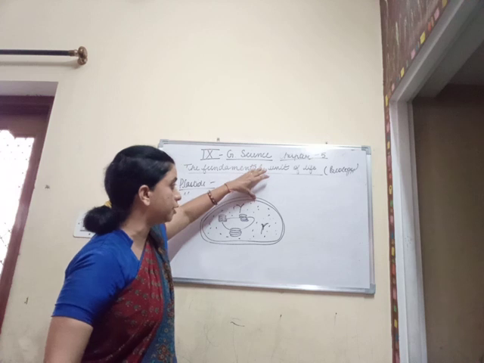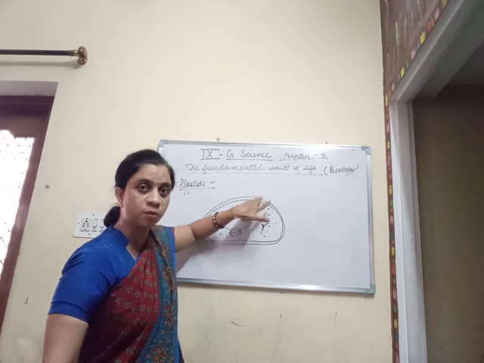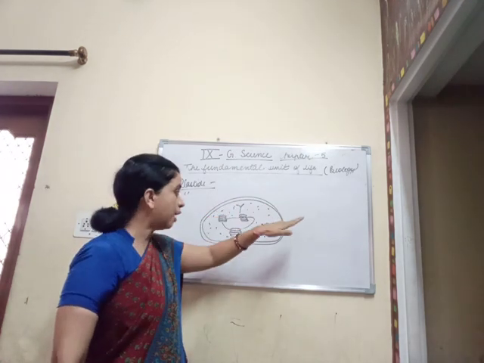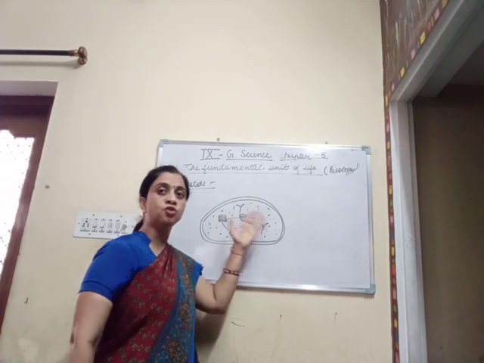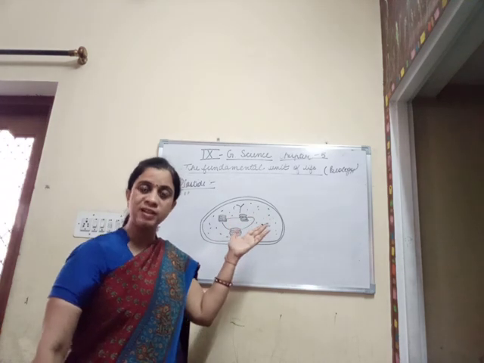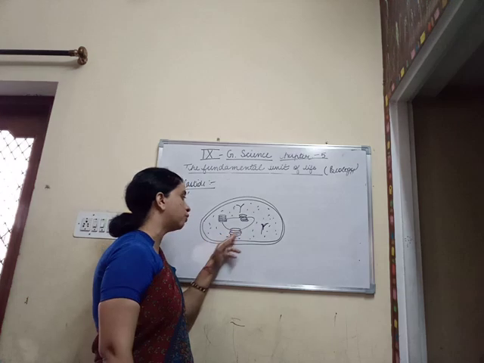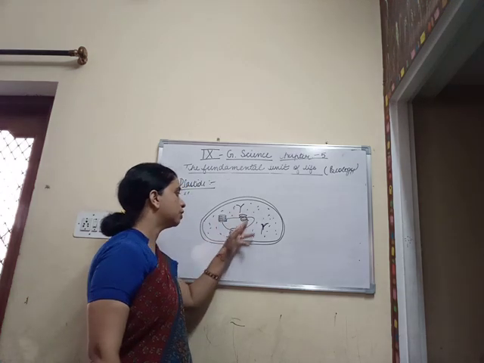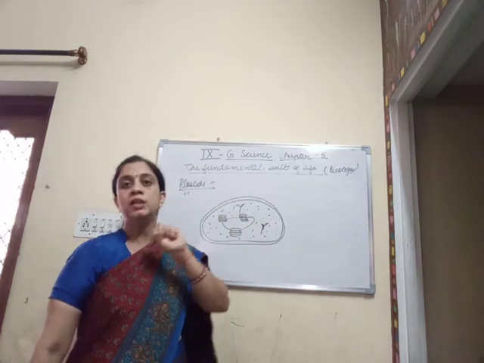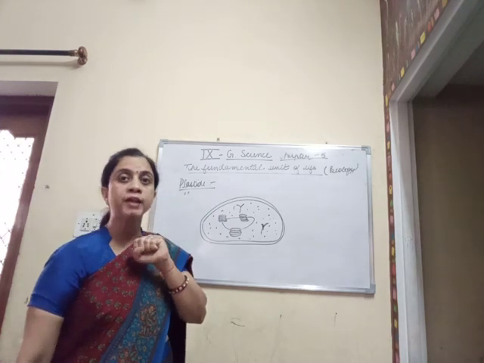As you can see, it is made up of two membranes, the outer membrane and the inner membrane, and it is enclosing a certain amount of stroma. Stroma is the fluid matrix present inside the plastid, and it consists of a large number of granules which are basically responsible for capturing the sunlight and converting it into the chemical form.